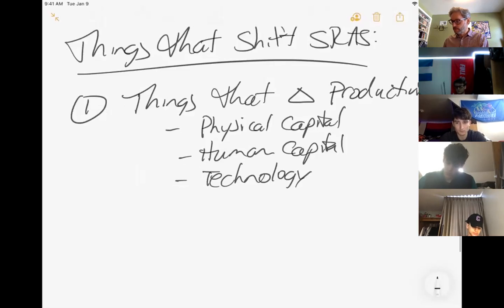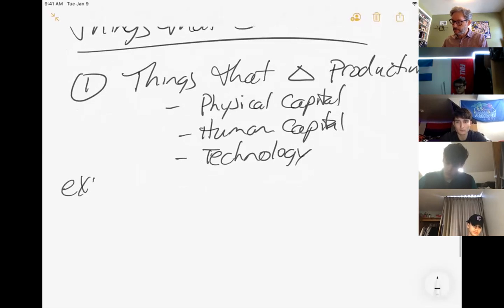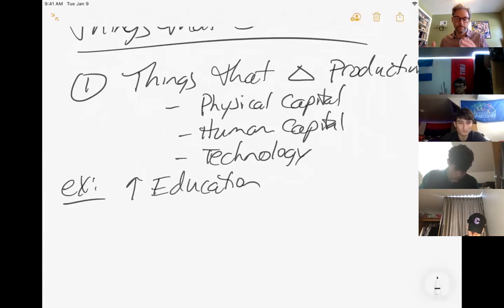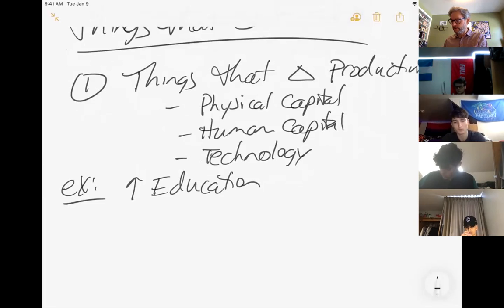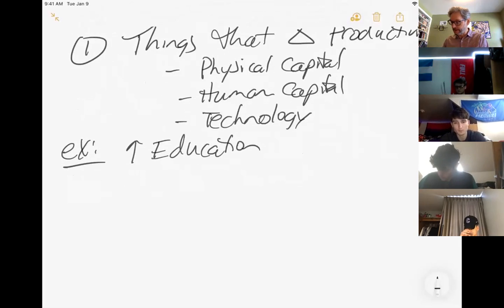Right? So, as a simple example here, what if there was a big increase in education? For whatever, I don't know what exactly would drive this, but there's some big increase in the amount of education. Everybody decided as a society, we're going to spend 2 more years in education. What's that going to do? Well, that's going to increase productivity, right?